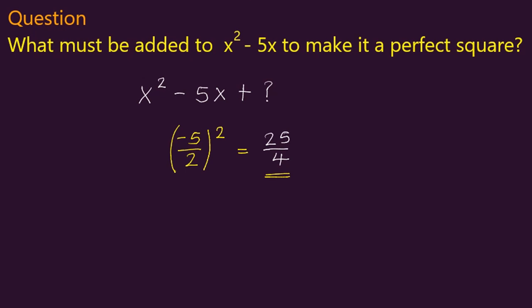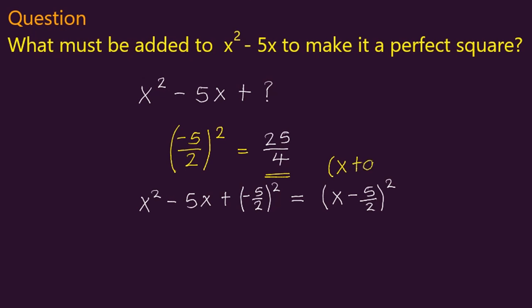And if we are to express it now as a perfect square, it becomes x squared minus 5x plus 25 over 4, but I'm going to write it as negative 5 over 2 squared, so that it will come out as x minus 5 over 2 squared. So this is how it will come out if we are to write it in the form x plus a squared.